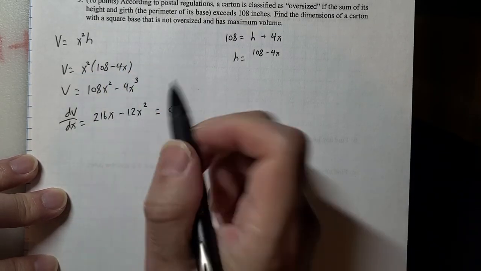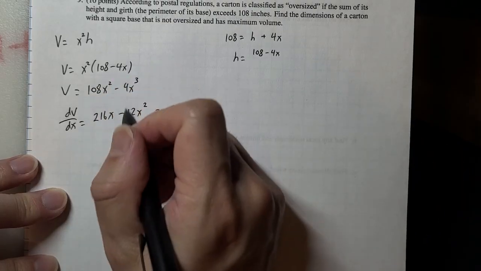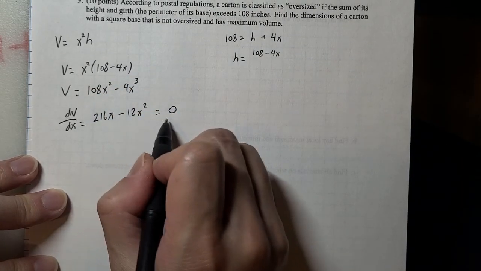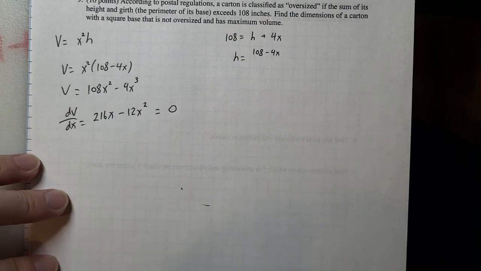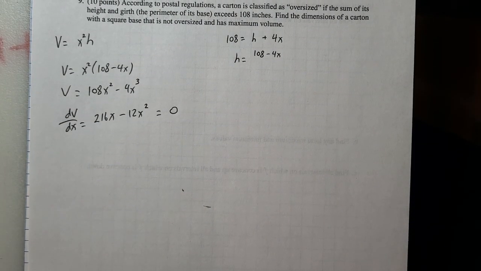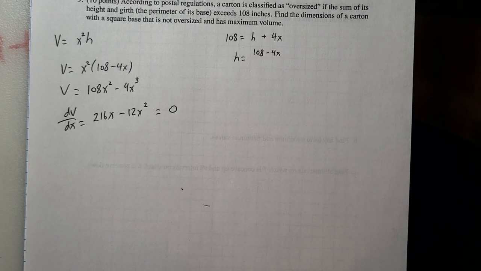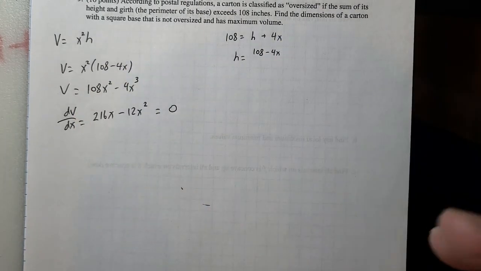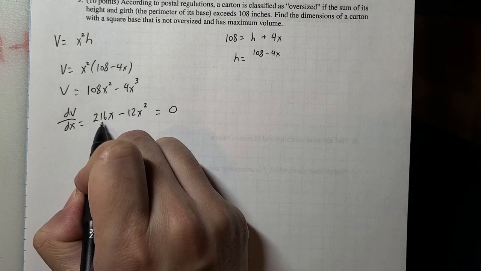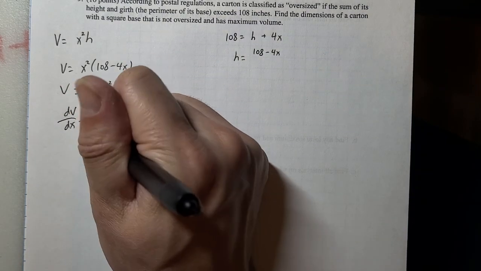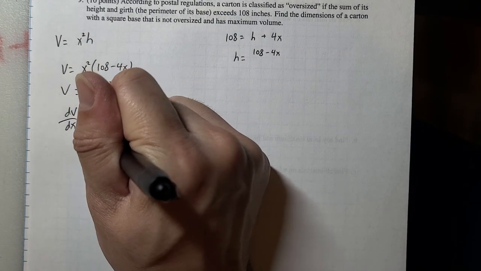Okay, let's try to simplify this a little bit. If we divide both sides by, is it divisible by 12? Let's divide it by 4 first. I'm going to do it step by step, slowly. If we divide this by 4, what would that be? That would be 54, correct?